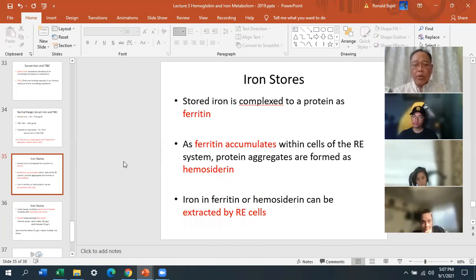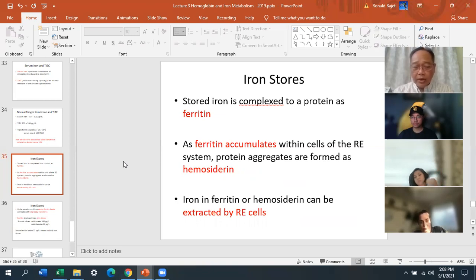Stored iron. Remember, iron is stored in the reticuloendothelial system. Stored iron is complexed to a protein known as ferritin, and that's in the RE system. The ferritin accumulates within the cells of the RE system, and can aggregate. When you have these aggregates, they become hemosiderin.